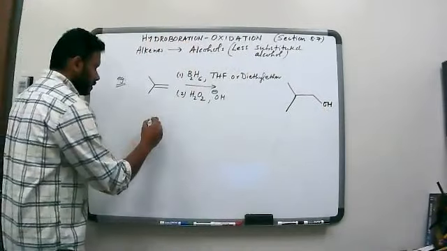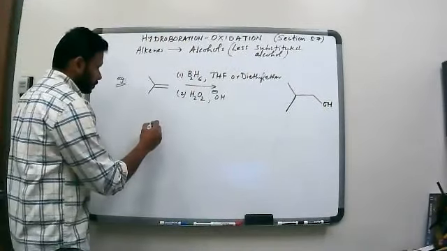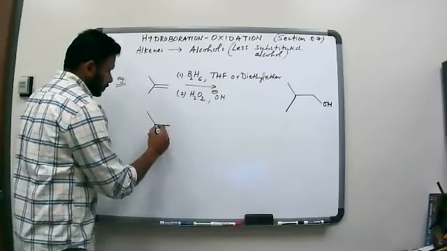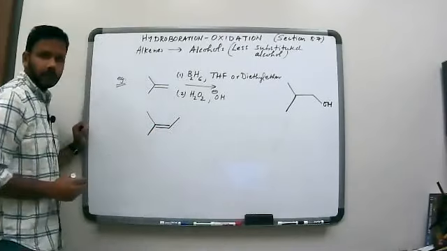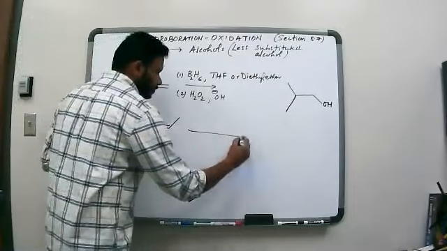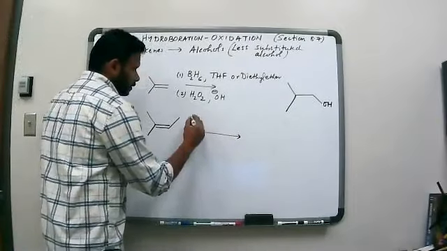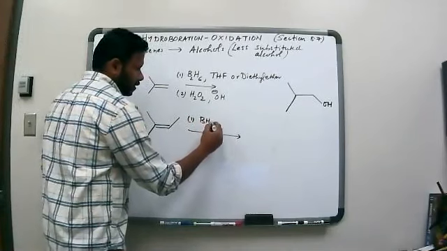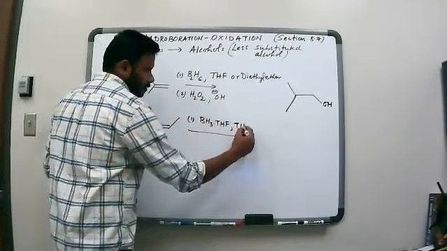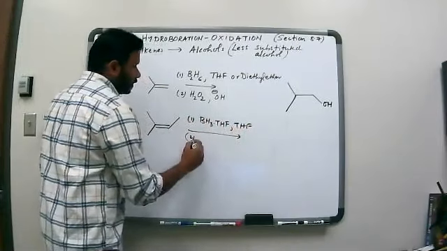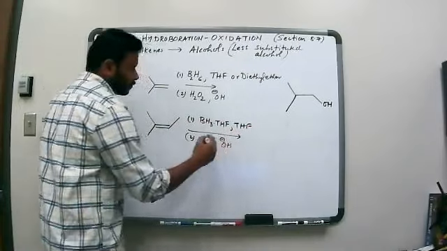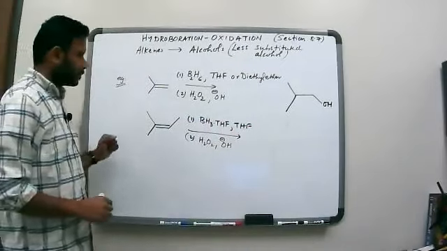Let's see this in another example here. Let's say we have an example like this. We have a more substituted carbon and a less substituted carbon. So if we did, first, BH3.THF in THF, and second, hydrogen peroxide in the presence of base, sodium hydroxide.